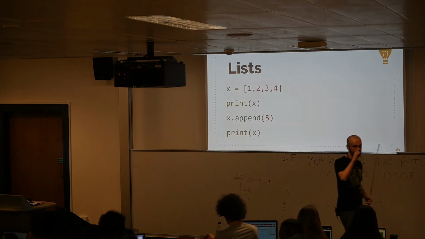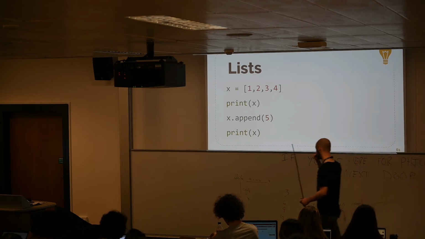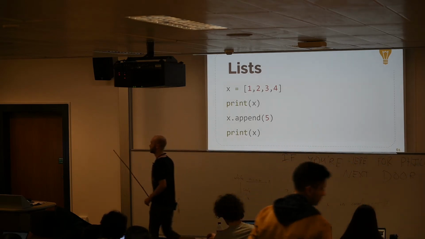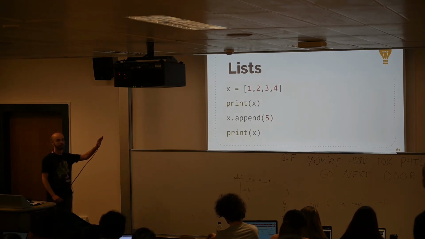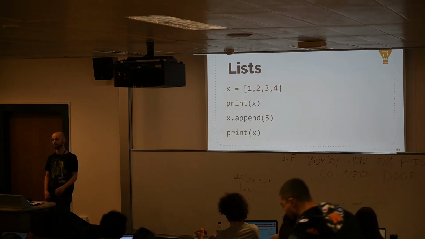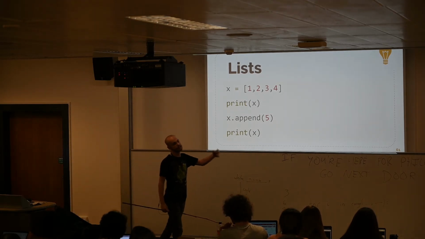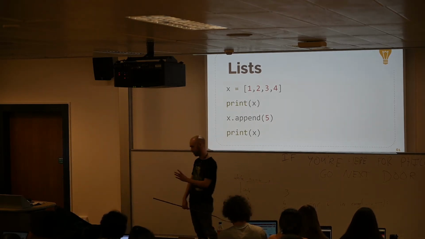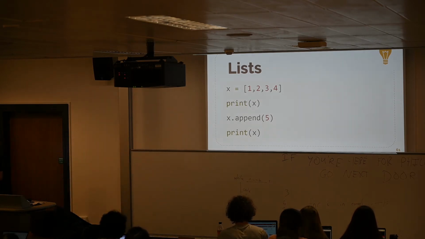Or maybe you want to draw on a list of data from the real world. Or maybe you just want to deal with a lot and you don't want to have to rigorously write out a different variable for each of them. Maybe you know you need 100 bits of data and you don't want to have X, Y, Z, A, B, C, blah, blah, blah, up to 100. And that's where lists come in handy.